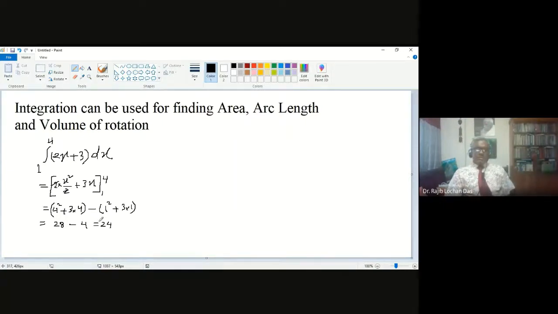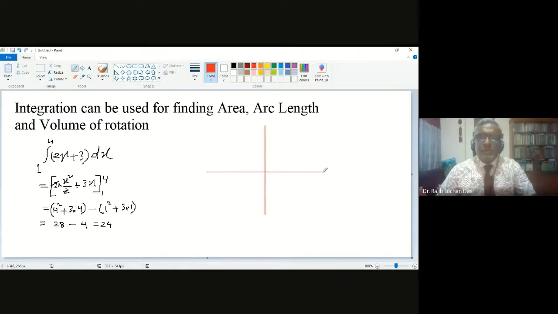Everyone understands. Now my point is, if I want to clearly understand what this 24 is, then I will go to the x-axis, y-axis method.